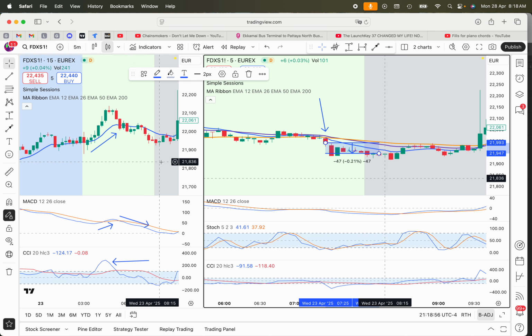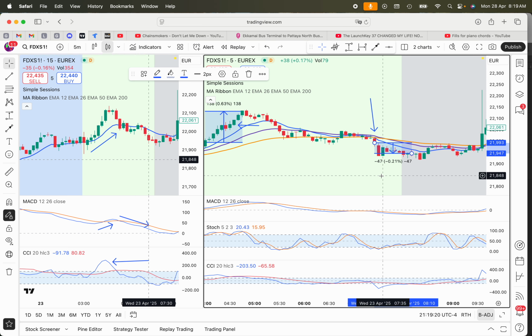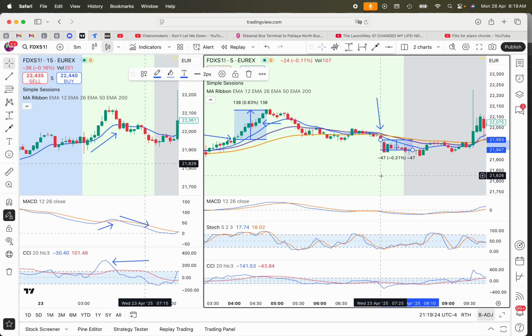Even though the 15-minute indicators are kind of pointing down, that would have been my first signal, considering that I stayed in this trade for 5, 10, 15, 20, 25, 30, 35, 45 minutes without it really moving at all. That's a sure sign that no one in this market is interested in taking it down further, okay? I would have taken what I've got and walked away and gone, you know what, I didn't lose, I made a little bit, and happy days.